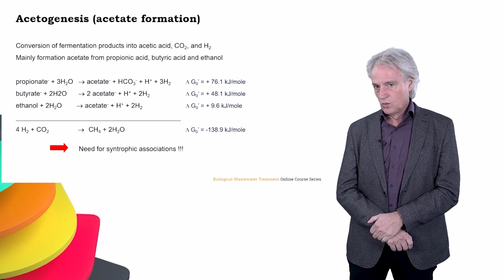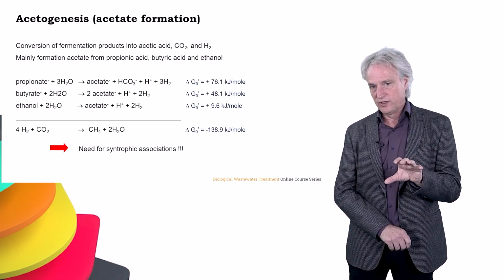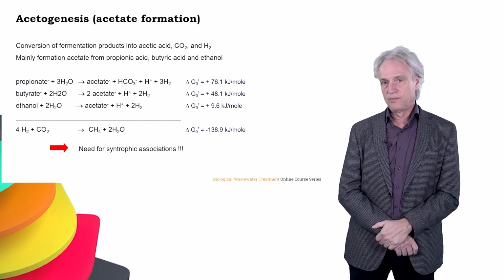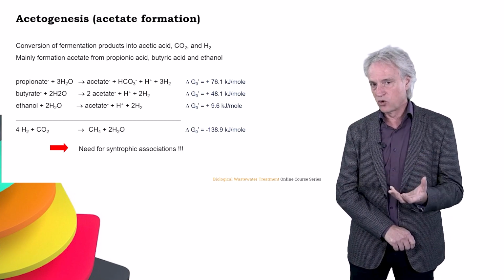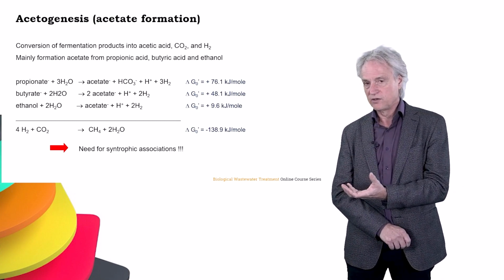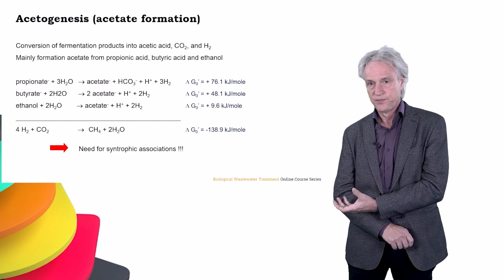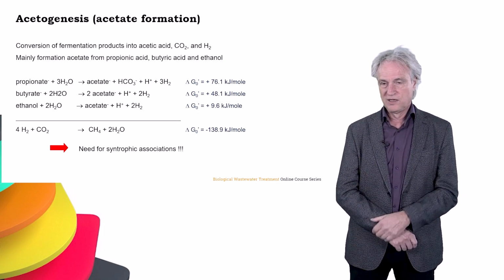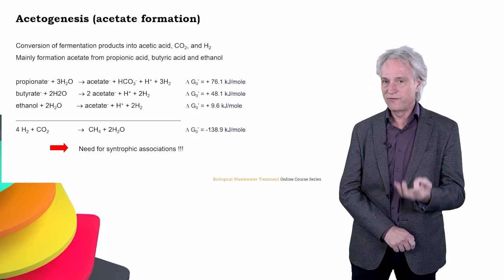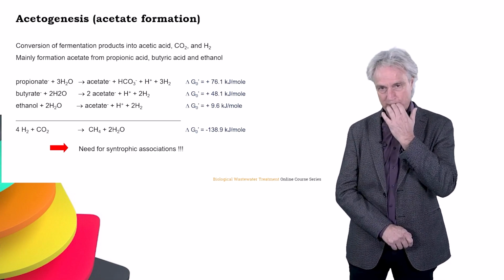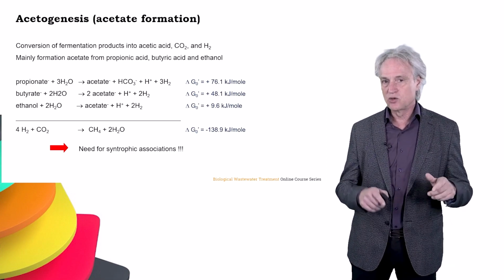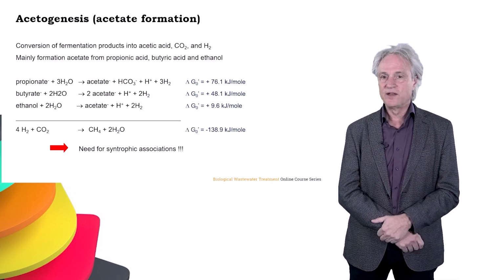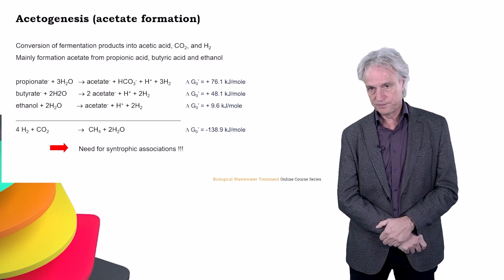However, this reaction can only proceed if the hydrogen that is being produced is taken away effectively by a hydrogen consumer. And under anaerobic conditions, the most important hydrogen consumers are the methanogens, because they take away the hydrogen plus the CO2, converting it to methane. And if these organisms are very efficient, then the concentration of hydrogen in the acetogenic reactions goes to very low levels, bringing the energy change to negative values.